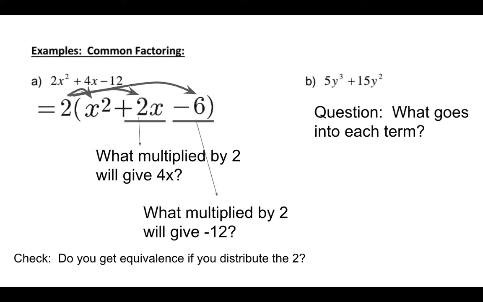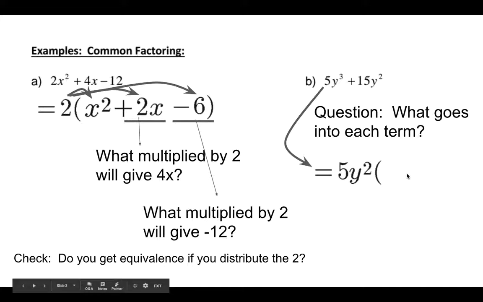The next one, what number goes into each term? Again, we're asked the question, what can we take out? How do we write this as a product of other things? We can multiply 5y squared by something to give us this. If you just take out the 5 at first, then you're still going to have a y squared. And so what you're left with is, ask the question, 5y squared times what will give you 5y cubed?